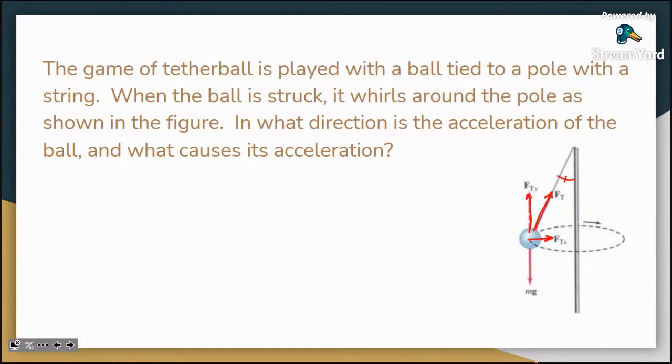If this is circular motion, what we know about circular motion is that there's always going to be an acceleration towards the center of that circular path. So I've got my centripetal acceleration pointing towards the pole. And if you look at this diagram, you'll notice that the centripetal acceleration is in the same direction as the force of tension in the X.